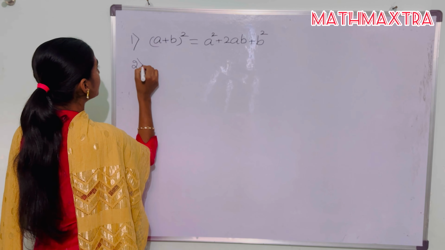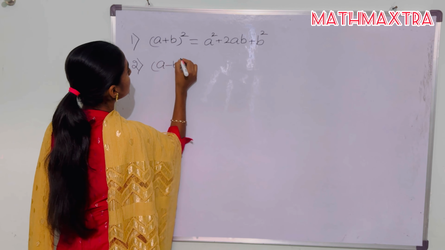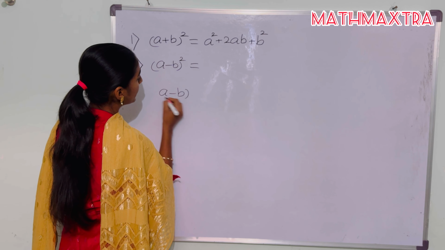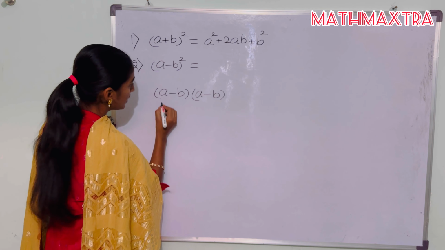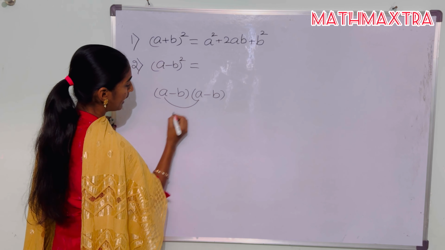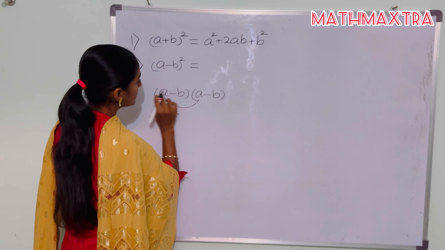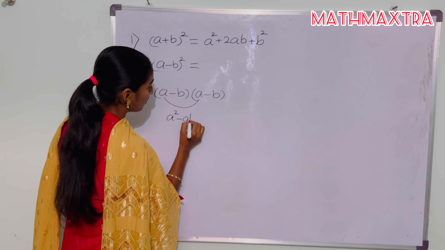The second identity is (a - b) whole square is equal to... Now here we are multiplying (a - b) with (a - b). See, first you multiply a with a, which is a square. Now plus into minus, minus a into b, ab.